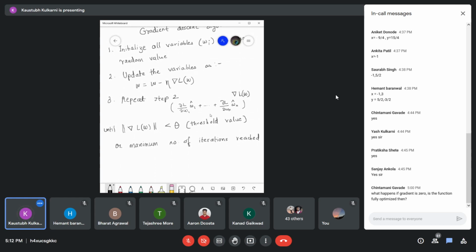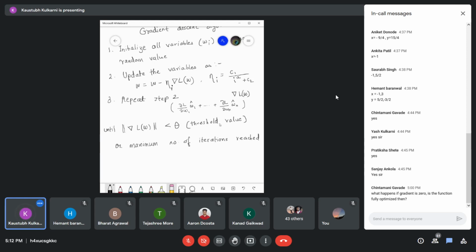So eta of i, where i is the iteration number, and eta at this particular iteration is defined as C1 upon i raised to A plus C2, and this C1 and C2 are any positive constants.